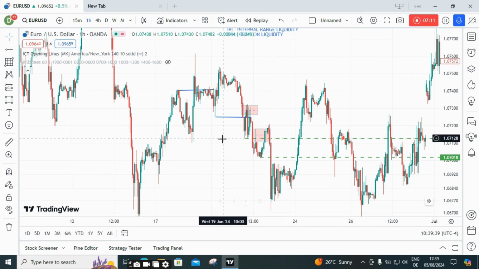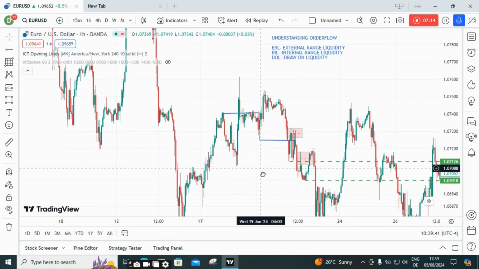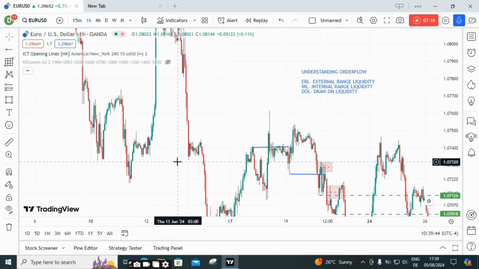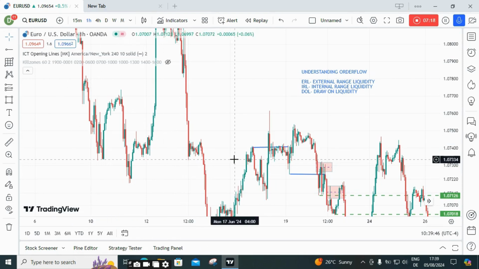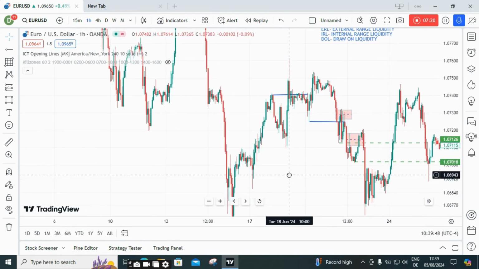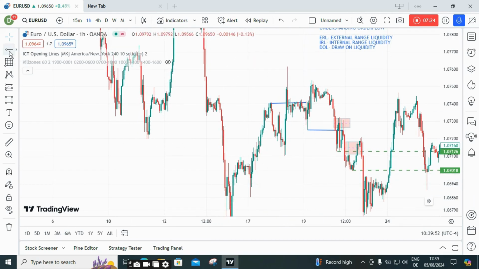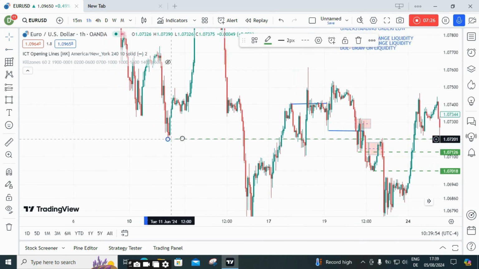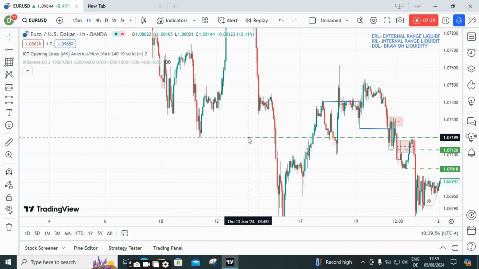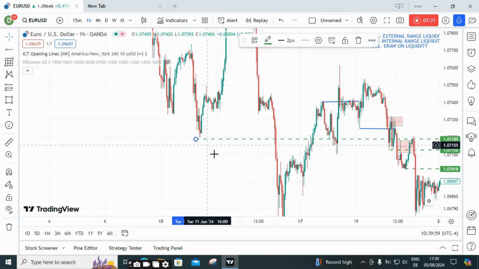So it goes on and on again. Taking you back to where we started from, price was trading lower and it had broken this swing low. I really want you to understand what order flow is.